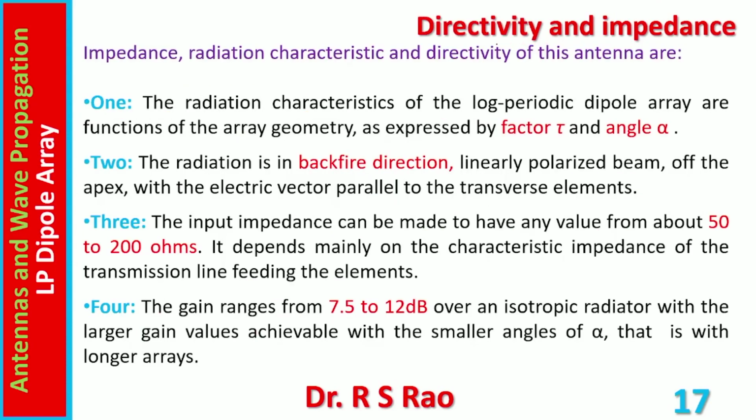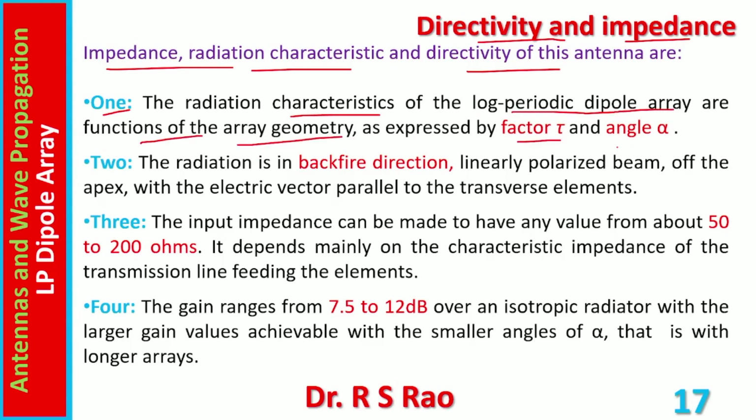Now, certain information regarding directivity and impedance of these antennas. Impedance, radiation characteristic, and directivity of this antenna are: 1. The radiation characteristics of the log periodic dipole array are functions of array geometry as expressed by factor tau and angle alpha. 2. The radiation is in the backfire direction, a linearly polarized beam at the apex, with electric vector parallel to the transverse elements. 3.